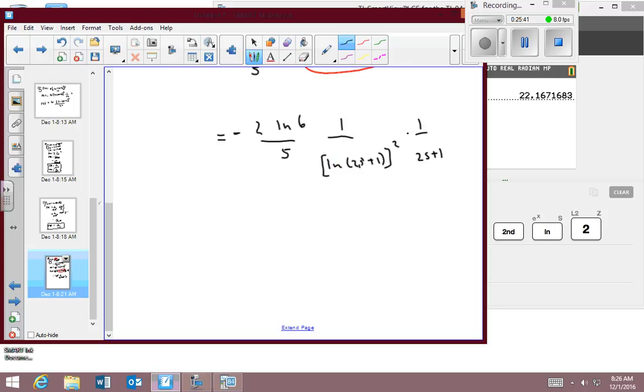Let's try to accumulate this all together. In the numerator, when we put all this together, it's a negative 2 ln 6 all over ln of 2s plus 1, the whole quantity squared, times 2s plus 1.